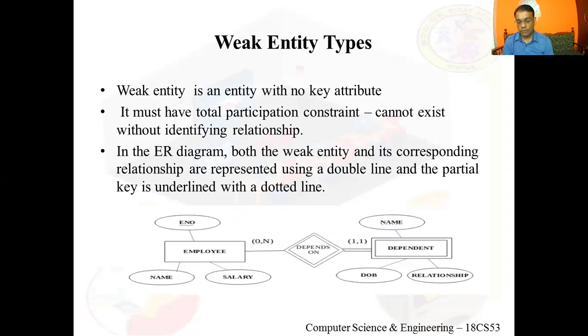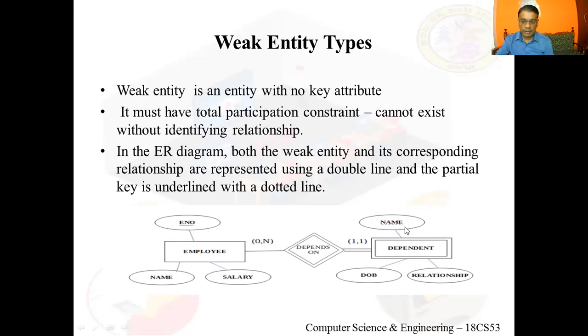So the next topic is weak entity types. An entity that does not have key attributes of its own is called a weak entity type. Weak entities will always have total participation with the owner entity. Now the dependent is called the weak entity and the strong entity or owner entity of the dependent is employee. Why is it called a weak entity?